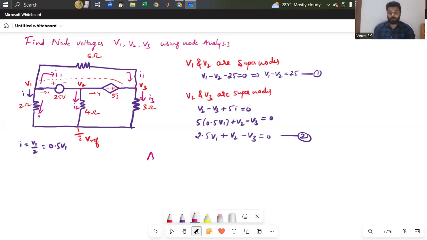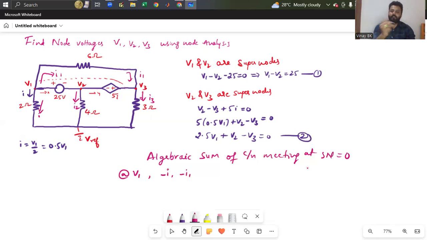Okay. So now algebraic sum of currents meeting at supernodes equals 0. So now we can see at node V1, I is leaving, so that is minus I. Similarly, I1 is also leaving, that is minus I1. I and minus I1 at V1. Similarly, at node V2, I2 is leaving, so that is minus I2.